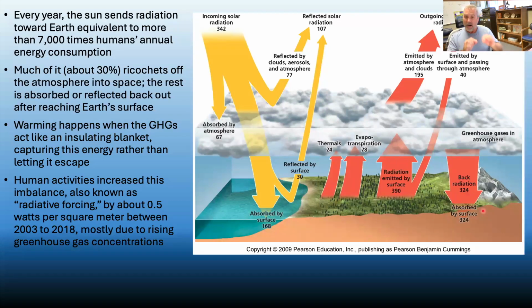However, too much is not good. In fact, our activities, all that development that we've done since we were cave people, has increased this imbalance. This is referred to as radiative forcing, and it has been about half a watt per square meter in the last 15 years or so, mostly due to greenhouse gas concentrations.